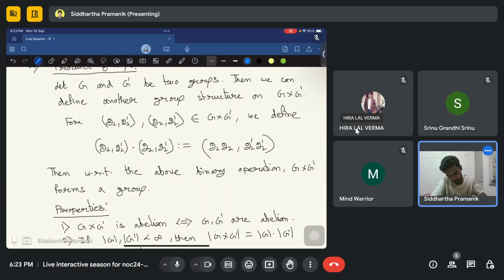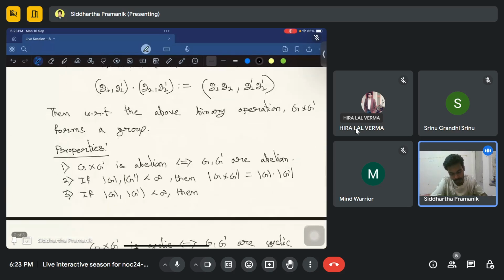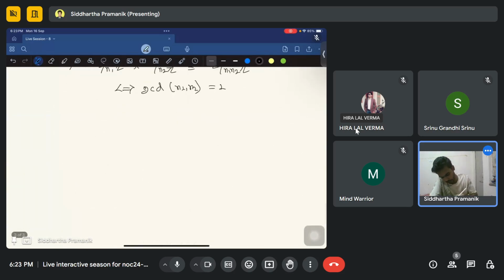Now let's move ahead and see some more applications of Sylow's theorems. So that every group of order 175 is abelian.